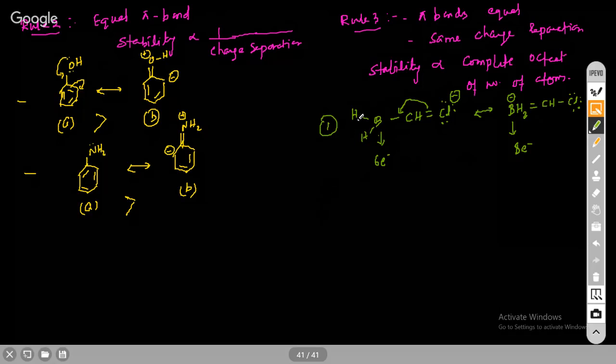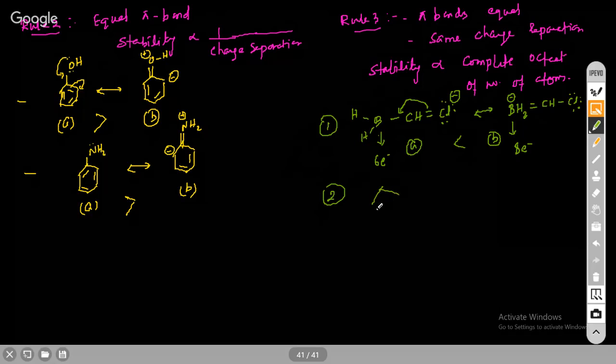So in this example, carbon and chlorine have complete octet, but here we have carbon, chlorine plus boron also has complete octet. So obviously the stability of B is more than A. Is it clear?